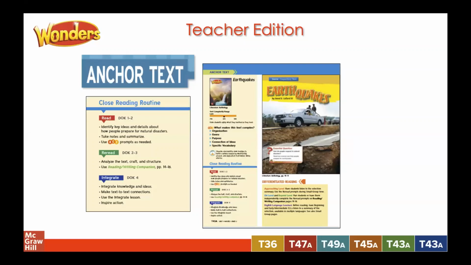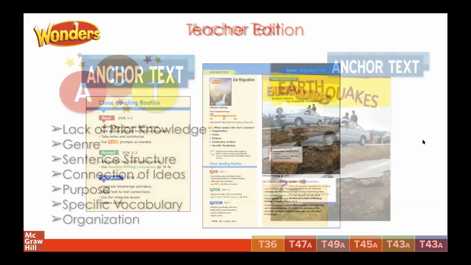And you're seeing that there in the lower right-hand side under the earthquakes picture. Giving students an opportunity to either listen to the selection or perhaps read independently or with a partner might be some different ways that students can have access to that text, but you'll see those different suggestions right when you need them.